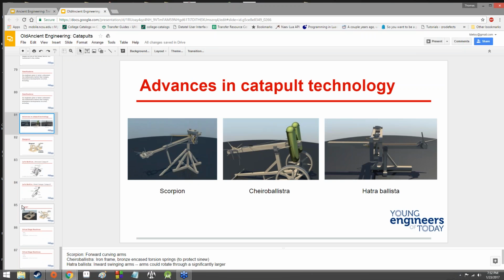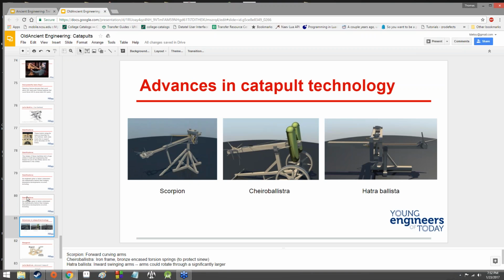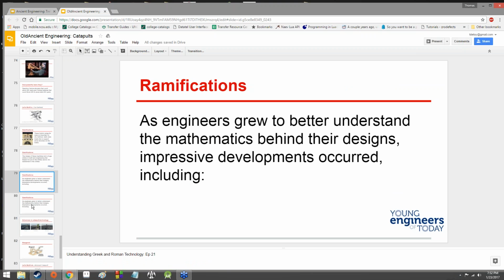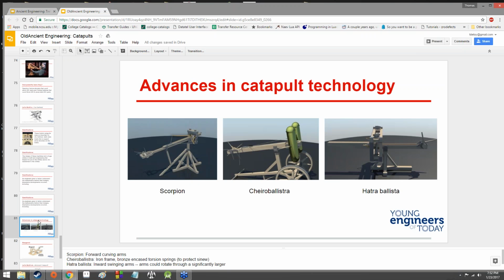Oh, they must have gotten rid of that one. Oh, fair enough. Anyway, you got the Scorpion, the Chiroballista, and the Hatra Ballista. Or that's just a ballista. I feel like this should be a ballista as well.